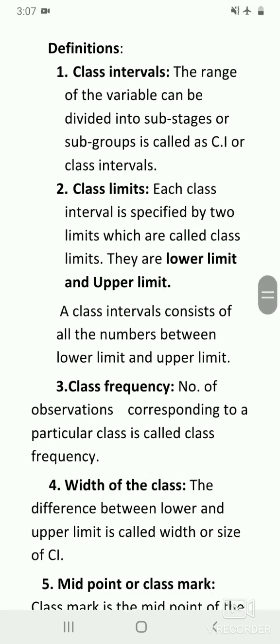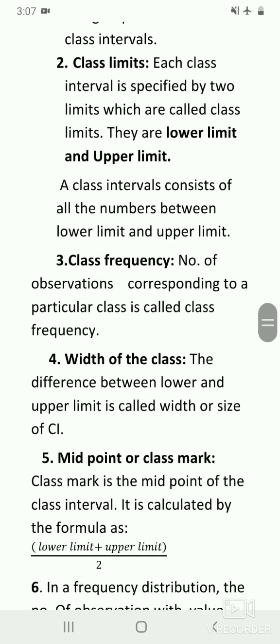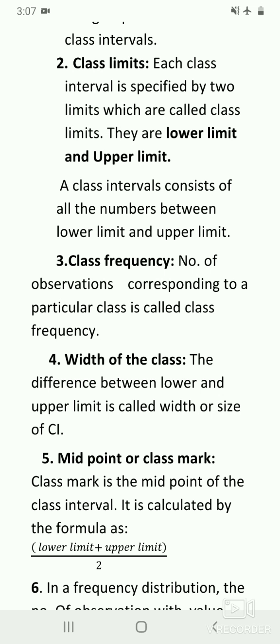The next definition is class frequency. The number of observations corresponding to a particular class is called class frequency. How many observations are there in that class interval is known as class frequency.